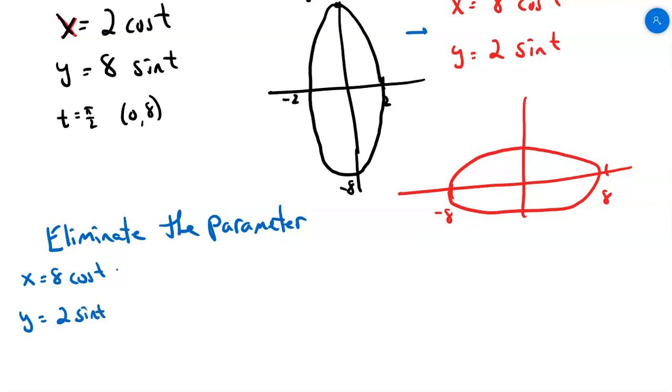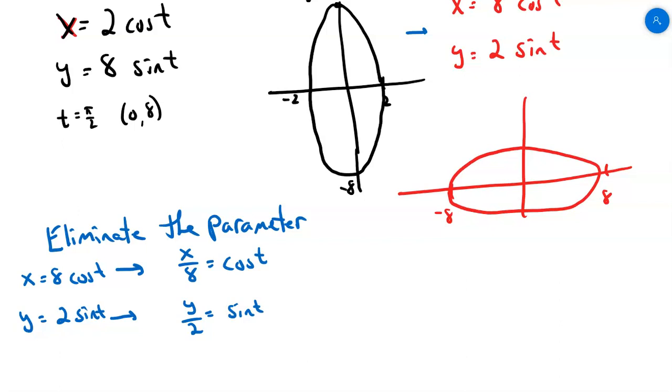Because I kind of know where I'm heading with this, let me solve each of these lines for the trig function. So if I divide both sides of that first equation by 8, I'll get x over 8 equals the cosine of t. Over here, if I divide both sides by 2, I get y over 2 equals the sine of t, which doesn't seem impressive until you come up with some function that links the two of them together.